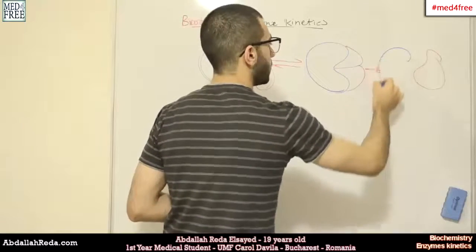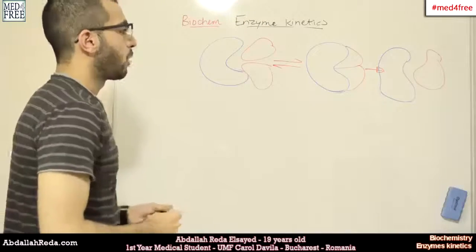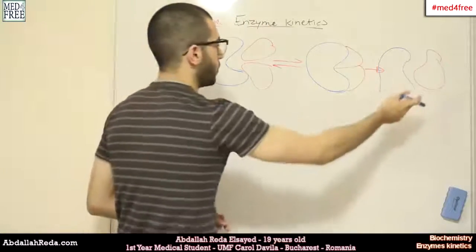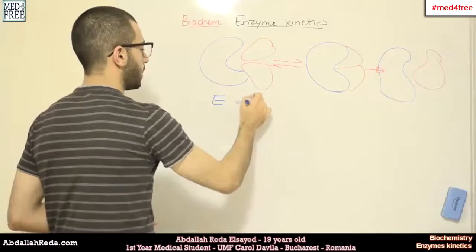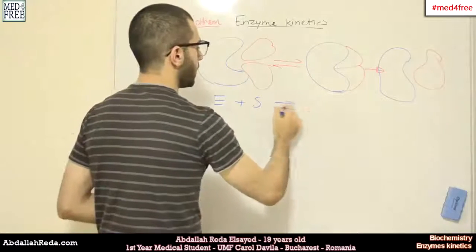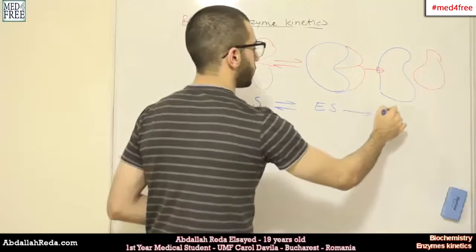The enzyme leaves the substrate and moves away, and we have our new product. So we have the enzyme plus the substrate, then we have an unstable complex, and then we have a product.